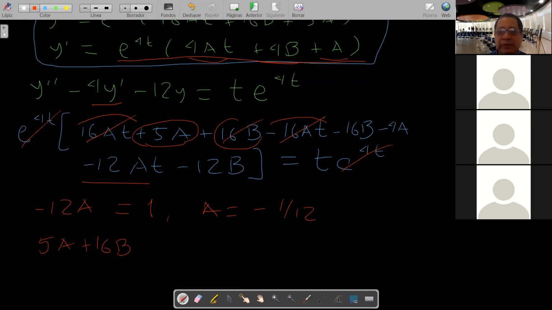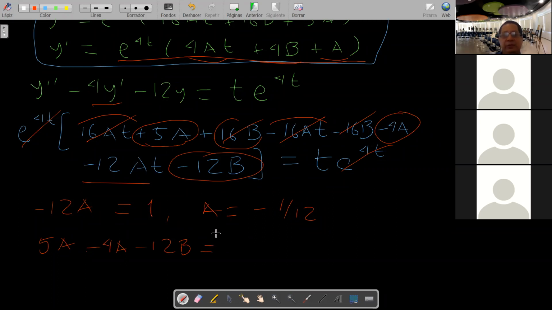With this, the negative 16B is cancelled. And we have negative 4 times A over here, and finally negative 12B.